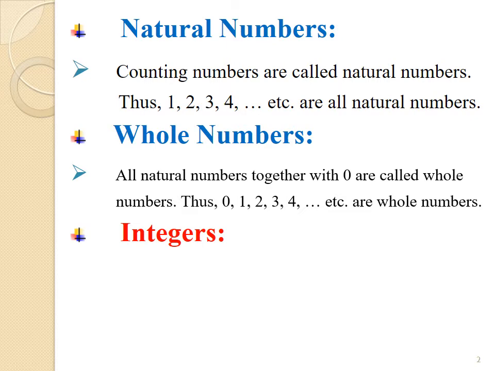Thus, positive numbers, 0 and the negative numbers together make a new collection called integers. In other words, the collection of natural numbers, negative of natural numbers and 0 together form the collection of integers.